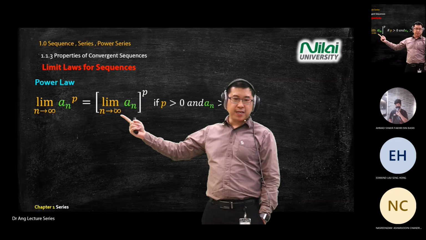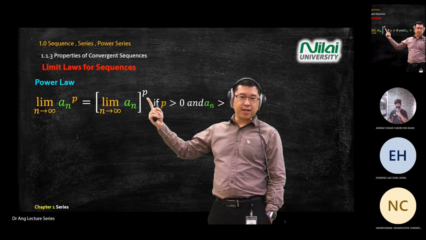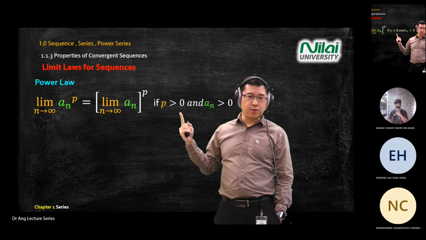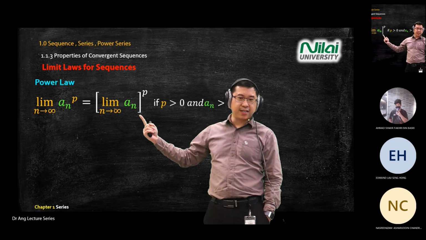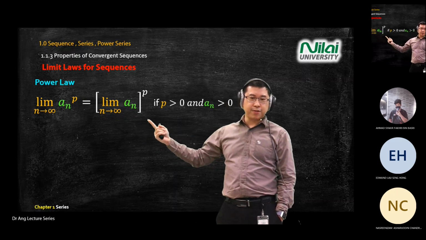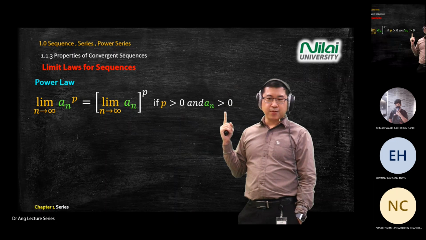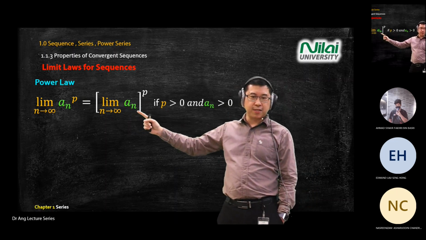So it means that if you want to use the power law, your power here, the exponent, must be more than 0. And your set of data in your calculation process must also be more than 0. It cannot be 0, because if inside here is 0, the whole thing will be 0.